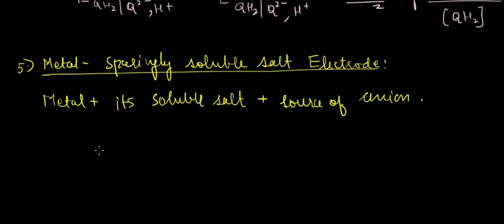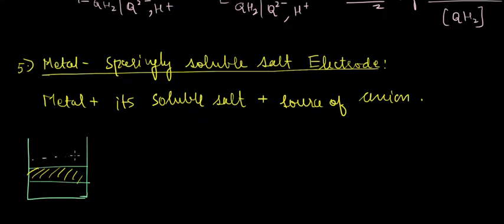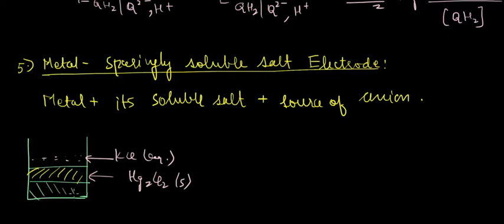So we would be seeing that we have this container, which actually has layers. The top layer present is KCl aqueous, the next layer present is Hg2Cl2 solid, and the bottom layer present is mercury liquid.